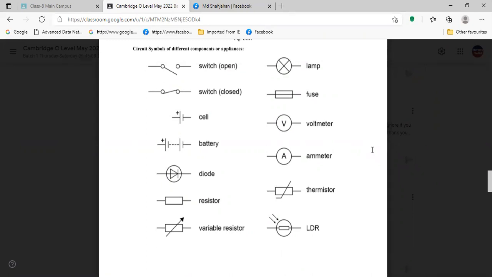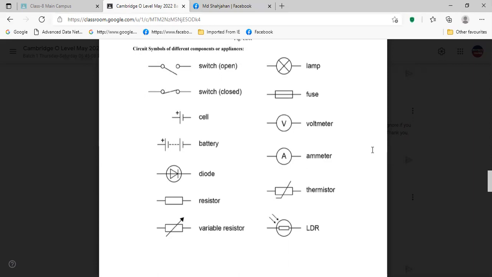Sir, to determine the objects in the circuit more easier. More easier. That's the most appropriate phrase you used, more easier. That means more comfortable, more easier, more effective, right? Yes, sir.